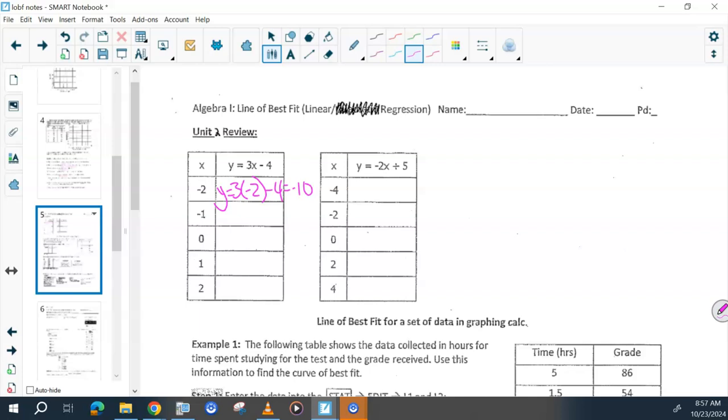And then I'm going to do the same thing for the rest of the table. So if I put in negative 1, what would that give me? Negative 7. If I put in 0, what would that give me? Negative 4. What about 1? Negative 1. And then what about 2?